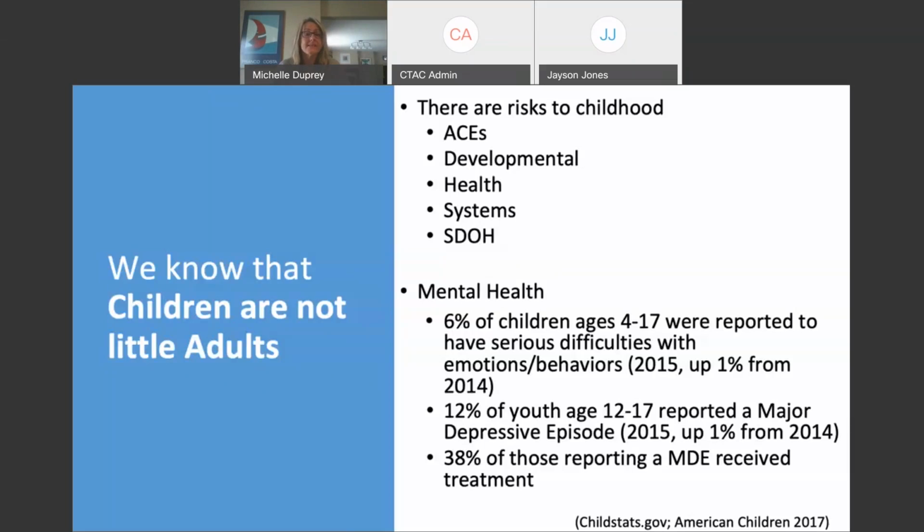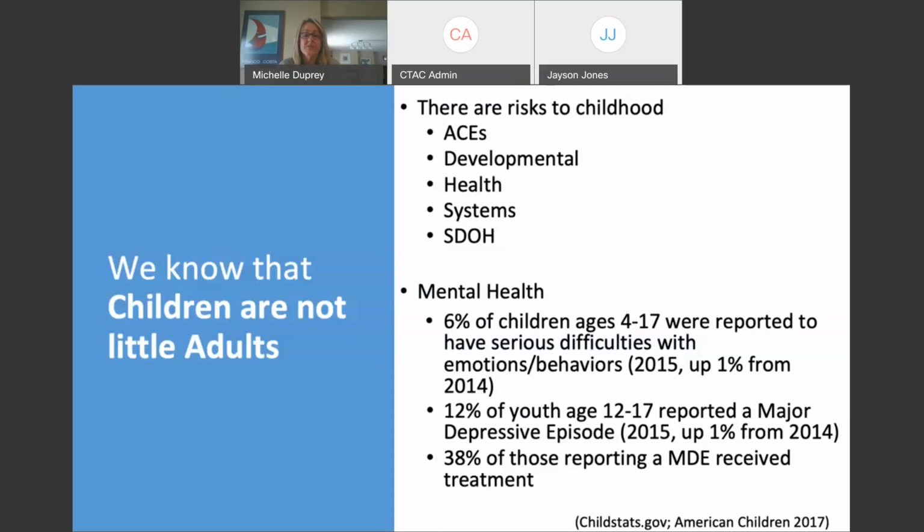So in that sense, that's why we talk about pediatric integrated healthcare as its own thing, because for adults it looks different. And obviously mental health is a specific risk for childhood.